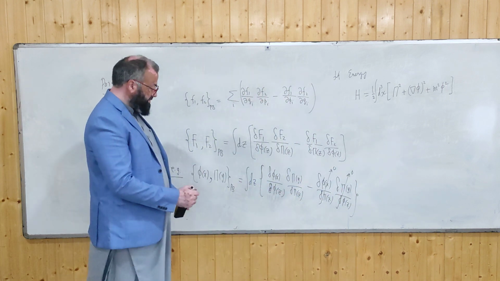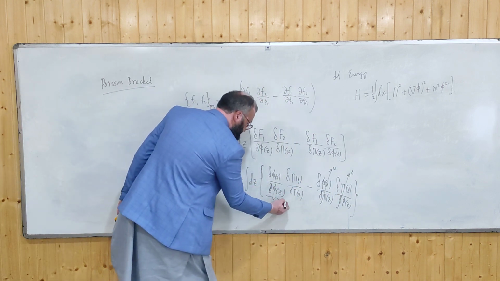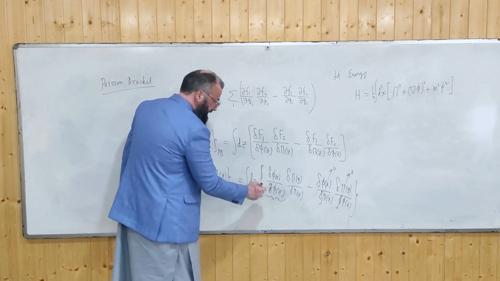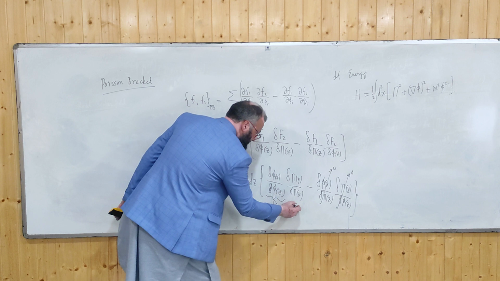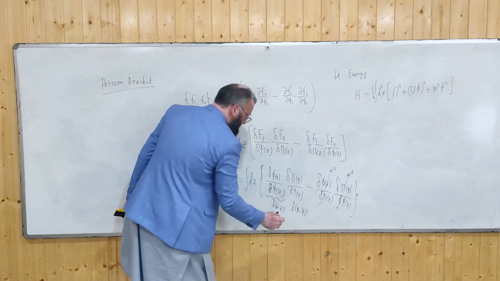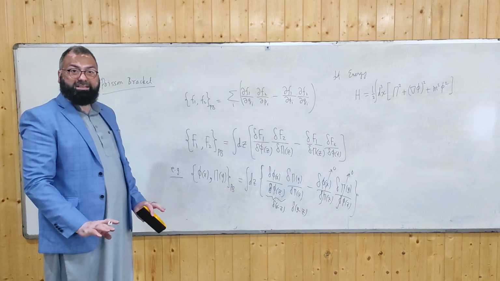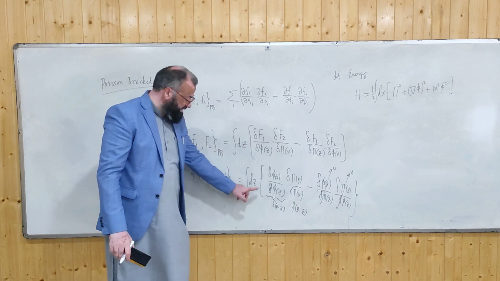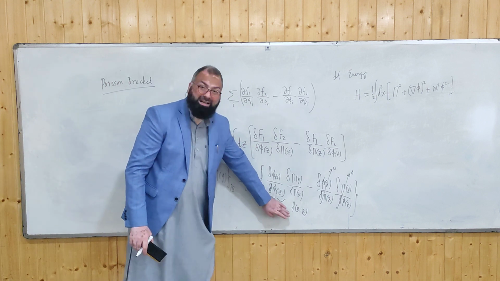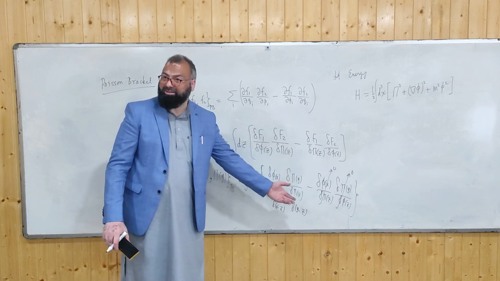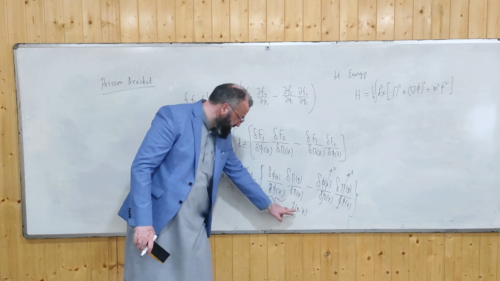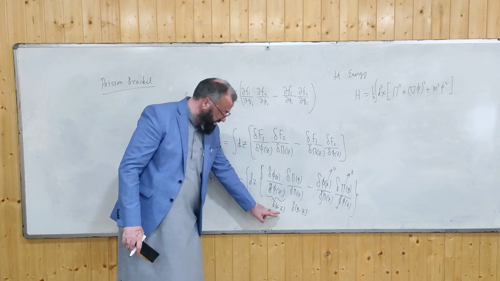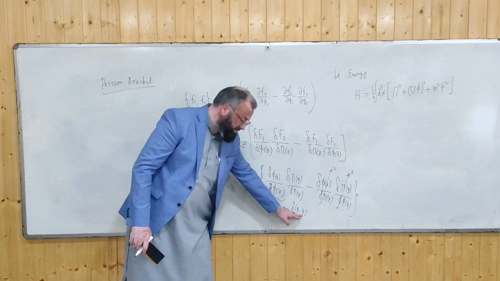Clear? So now tell me what this object is. Anybody? So it will be simply delta x minus z. What this will be? Delta y minus z. Got it? Okay, so now if I integrate over z, call one delta function, another delta function. So you integrate over z, this z will be replaced by y here, or this z will be replaced by x.